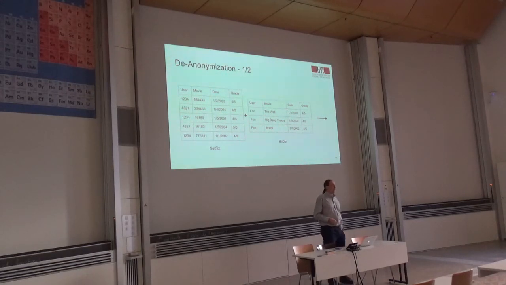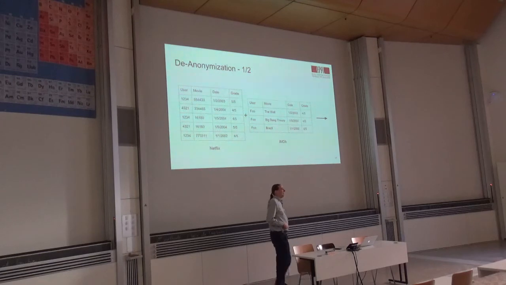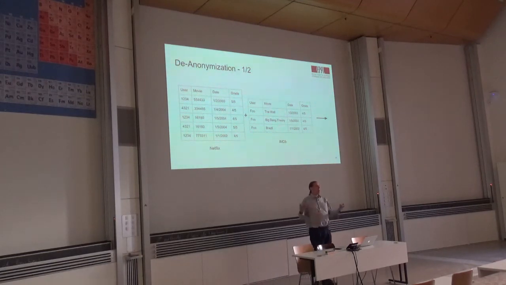And if they dislike the movie on Netflix, they dislike the movie on IMDb because they dislike the movie, right? And in IMDb, this information is totally public.